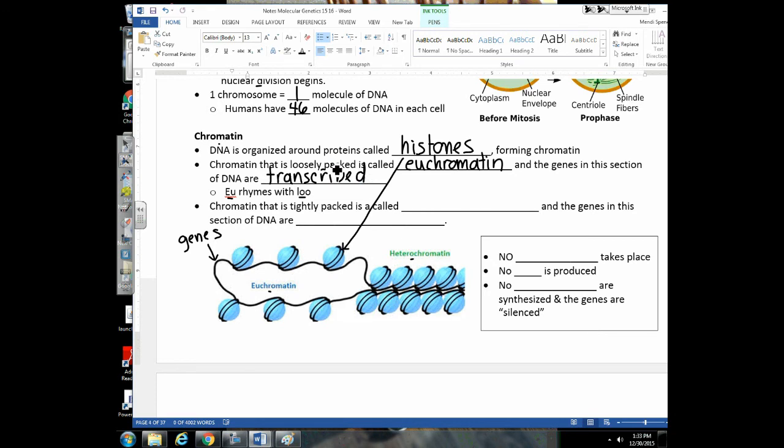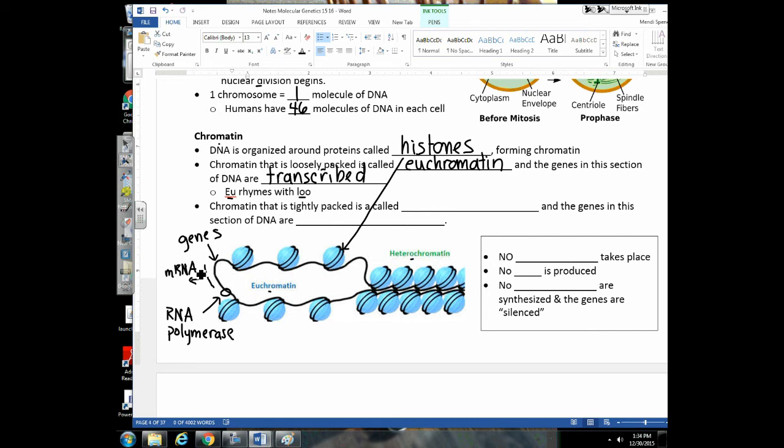And the reason this can happen is because the machinery that actually transcribes the DNA, making mRNA, so I'm going to put some machinery in here, and you're going to learn that machinery is called RNA polymerase because it's going to make mRNA. The machinery can get into the DNA, can break it open, and can actually make the mRNA. So let's show some mRNA being made. So the genes that are in the areas of euchromatin are expressed. We're transcribing them, and we can make a protein product from them.